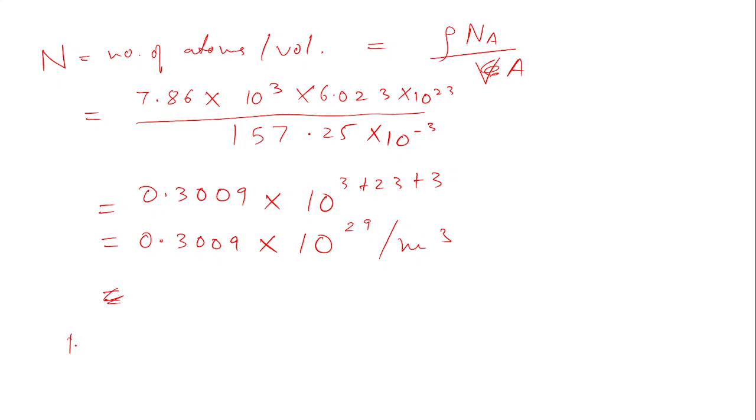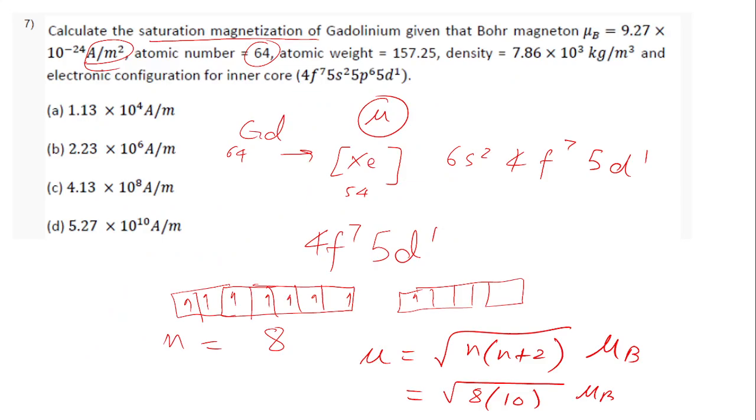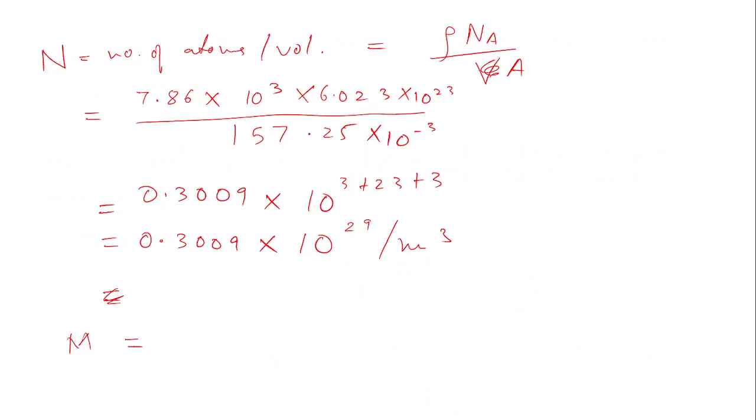And then when we calculate saturation magnetization here, it will be the number of unpaired electrons here, this magnetic moment thing, Bohr magneton, which is 9.27 times 10 to the power minus 24, multiplied by this 0.3009 times 10 to the power 29.